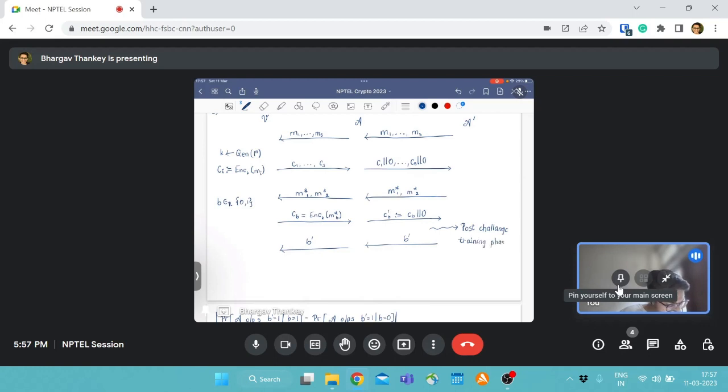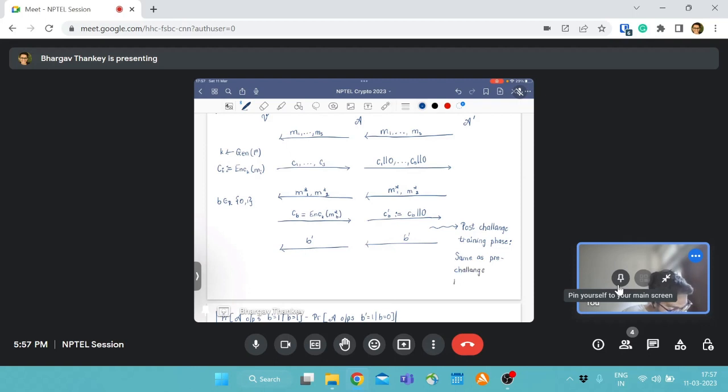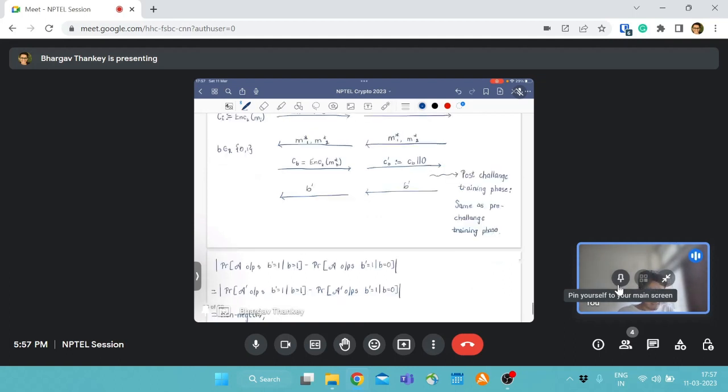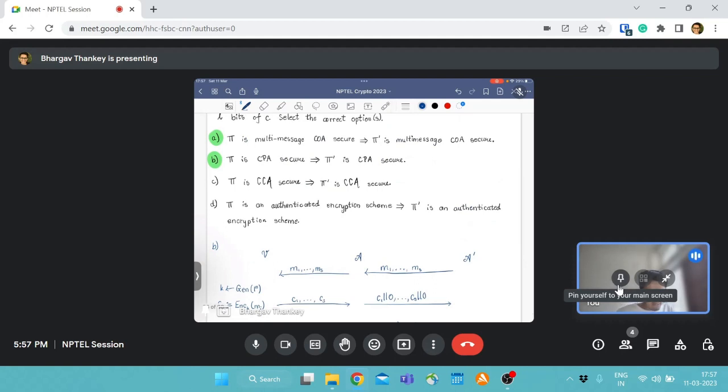I didn't draw it, but it's the same as the pre-challenge training phase, and it's implemented in a similar way. So is this fine? That if Π is CPA secure, then Π' also has to be CPA secure.